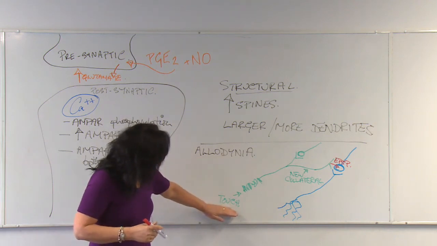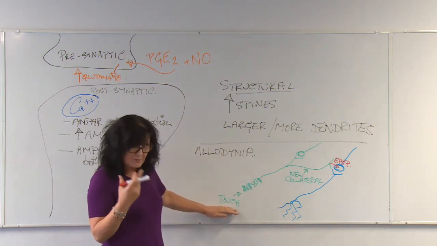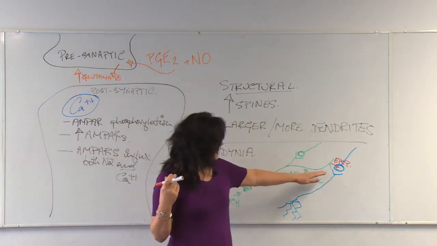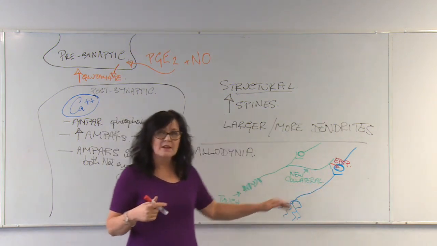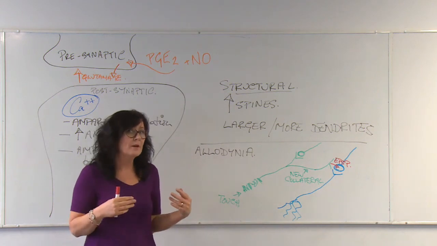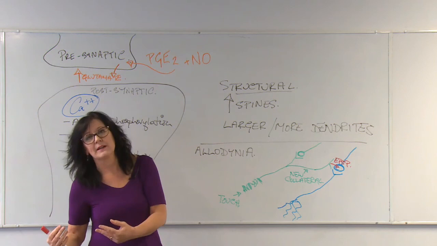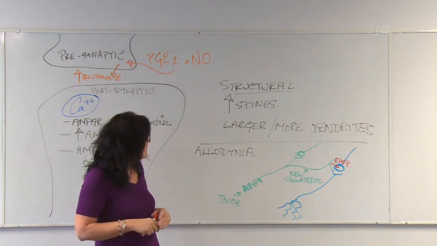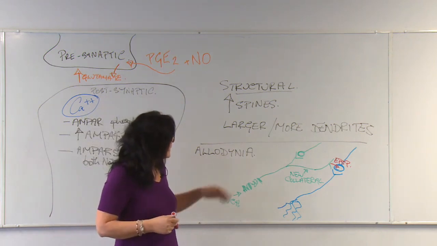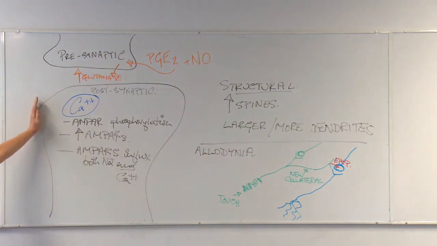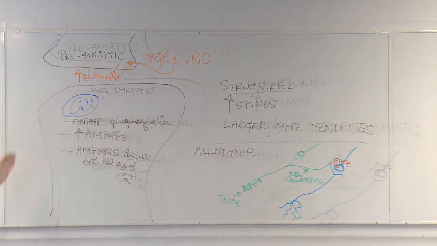You get a sensation that should be perceived as touch. Because you've got a collateral creating an EPSP in a second order neuron of the pain pathway, that touch is then perceived as pain. And that's thought to be the mechanism of allodynia. So we've got structural changes and we've got synaptic changes.